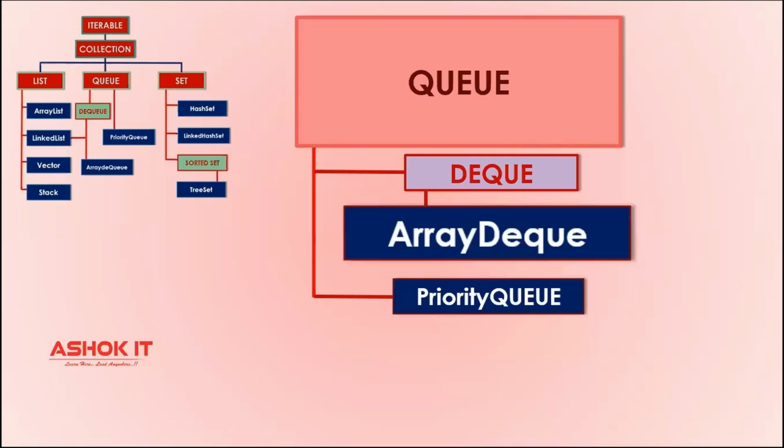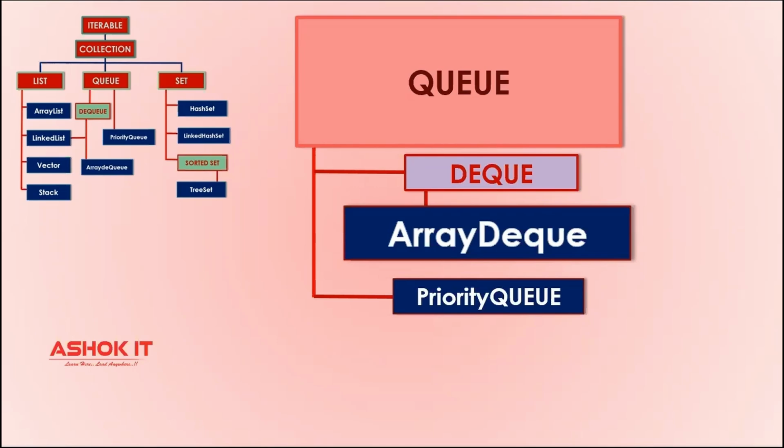So that was ArrayDQ in a Java program, and then we will be seeing PriorityQueue, in which we can add elements according to our priority. So for adding elements, we can follow the natural adding process, which is first in, first out, based on the priority of elements, or we can also use comparator to add elements.